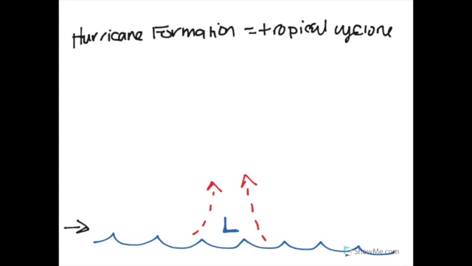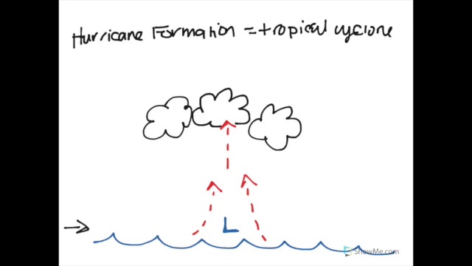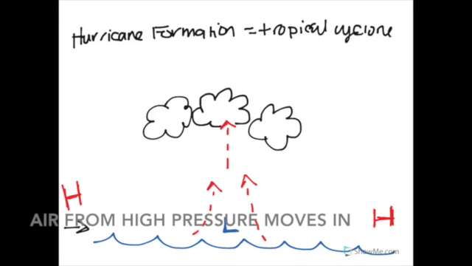So the warm, moist air is rising, and we know as warm air rises, it condenses, and the water vapor turns into water droplets, and we get some nice clouds. And we also know that winds blow from areas of high pressure to areas of low pressure, so off to the sides, somewhere else in the ocean, we have areas of high pressure.